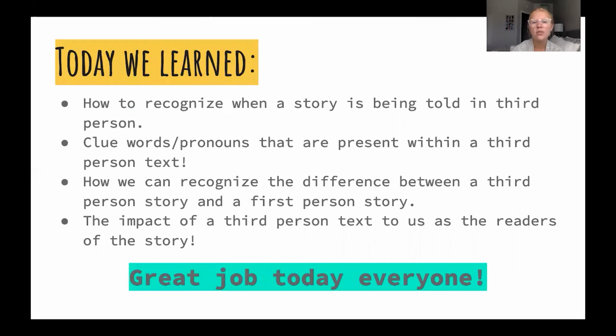We learned how we can recognize the difference between a third person story and a first person story. And we learned the impact of a third person text to us as the readers of the story. So today we learned exactly how we can tell that a story is being told in third person.